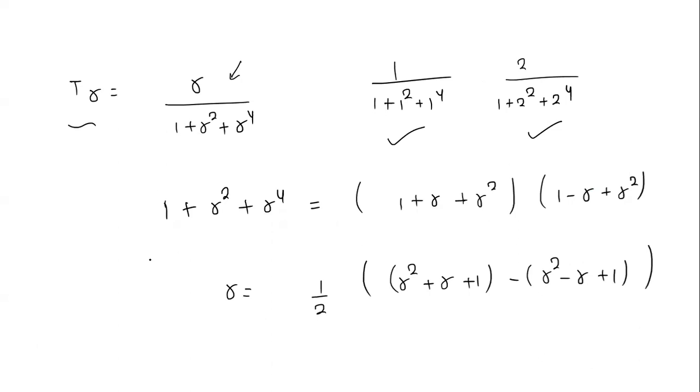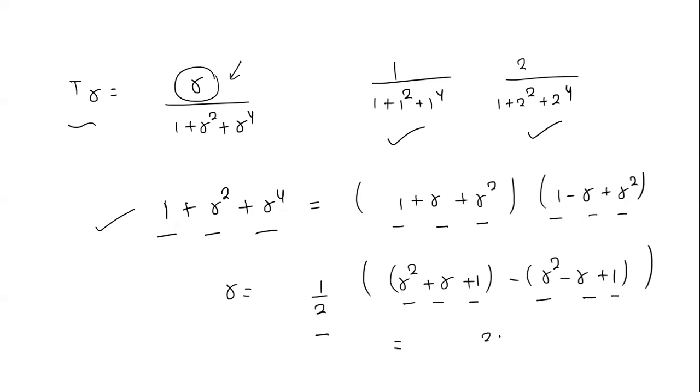Now there is one thing to observe: 1 plus R square plus R power 4, we can factor in this form, like 1 plus R square multiplied by 1 minus R plus R square. You can also write this R in this way, like R square plus R plus 1 minus R square minus R plus 1, divided by 2.